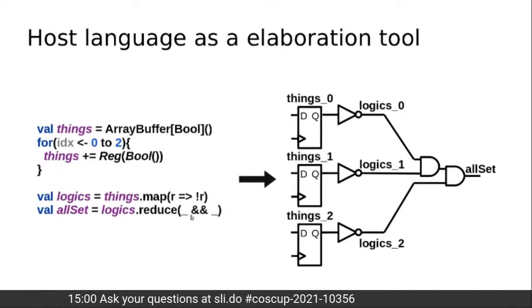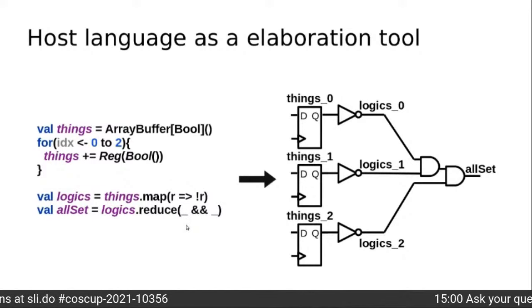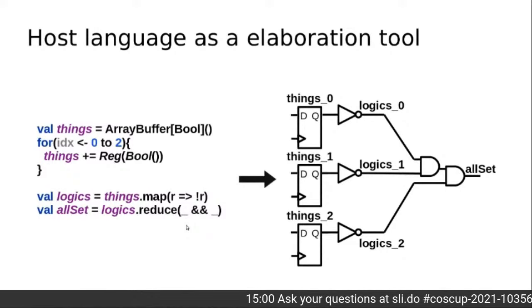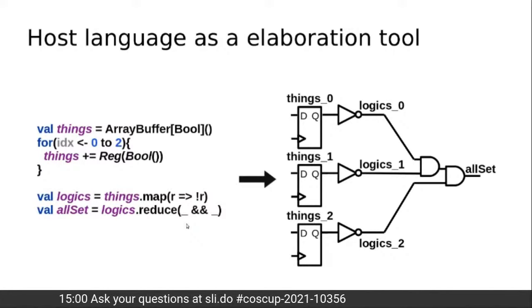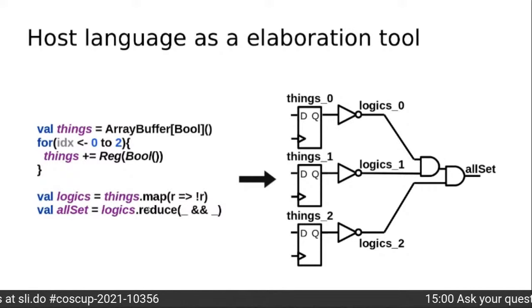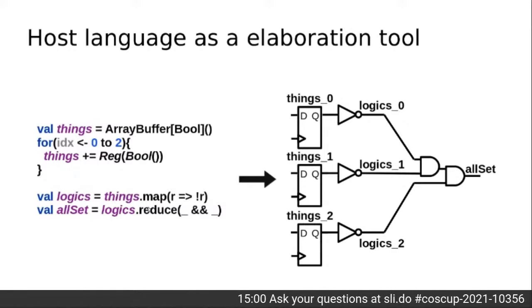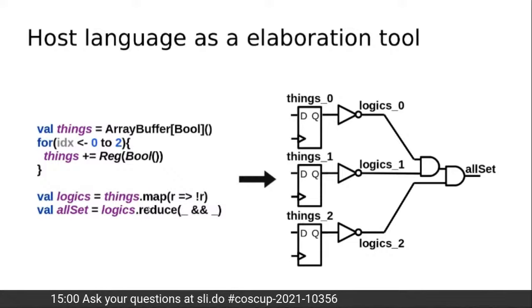This function says that if you have two elements, you can reduce them to one using the AND gate. And it just works. So here I used a functional way, you can use a for loop way, you can use many other things. In other cases, you can use a hash map, dictionary, hash set, all this kind of data structure applied to hardware elaboration.